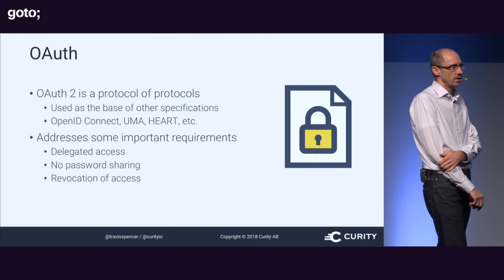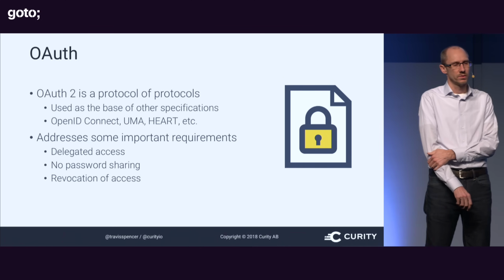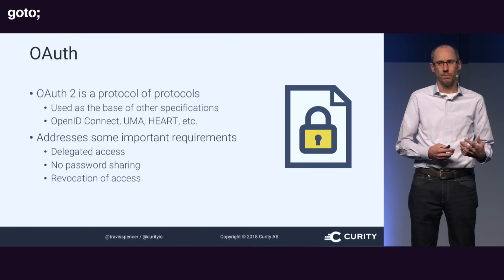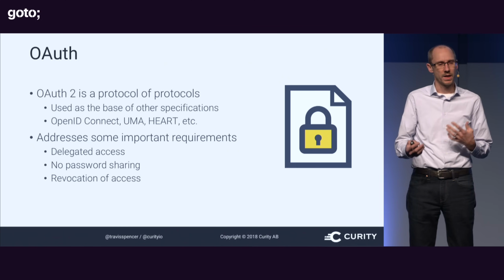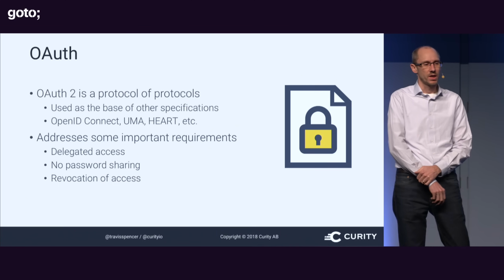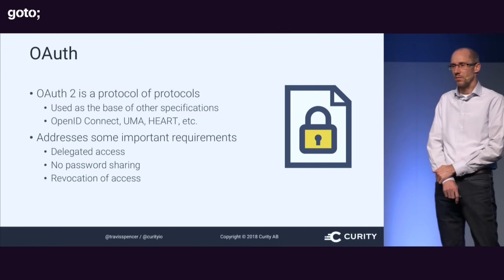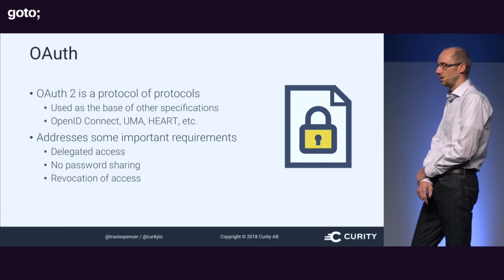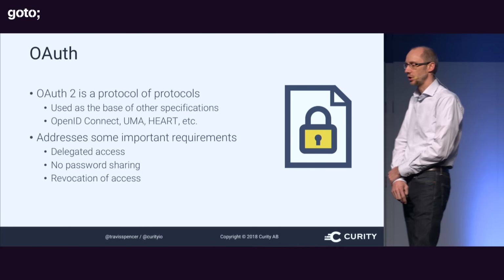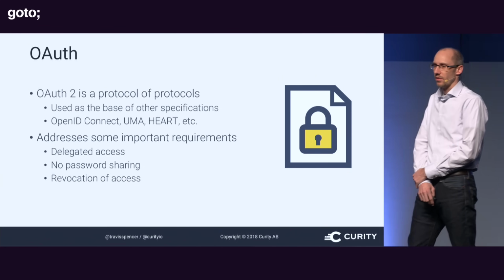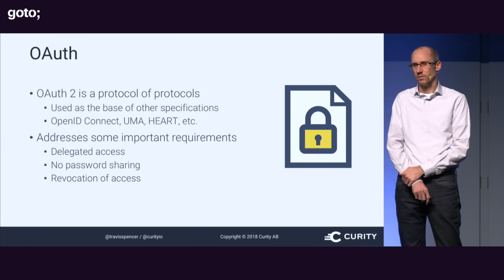And the important thing that OAuth is doing is addressing some use cases related to not sharing your password with the application that you're delegating to. So delegated access is one of the primary use cases of OAuth. The reduction of password sharing is another. And thirdly is the revocation of access.